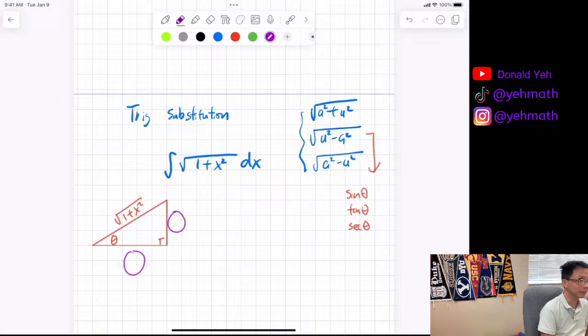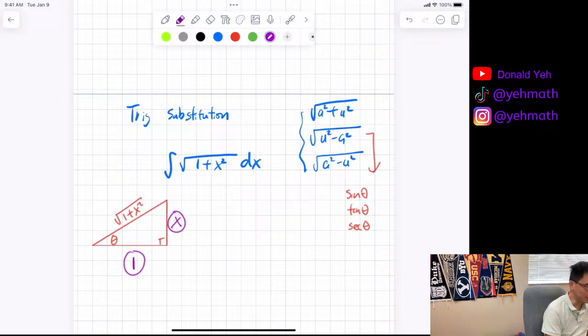So the bottom is 1, and this is the x. That's the only way it works.